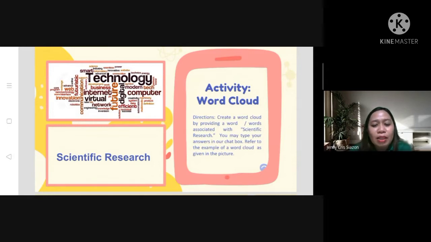So in line with this activity, you are going to type your answers in the comment box or the chat box section of our Google Meet session. So kindly see the example as shown in the slide or in the presentation about the word cloud of technology. So in this activity, focus on the words scientific research. Okay? So timer start now.